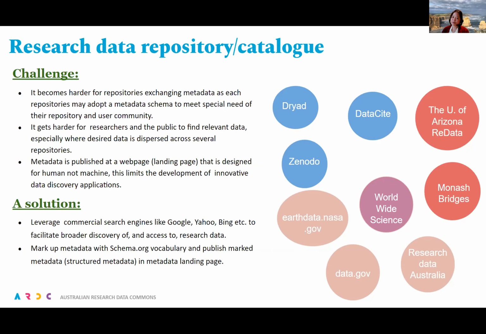But this also brings challenges with more and more data available through these distributed repositories. It's become harder for repositories to exchange metadata, as each repository may adopt metadata schemas to meet special needs of their repository and user community.